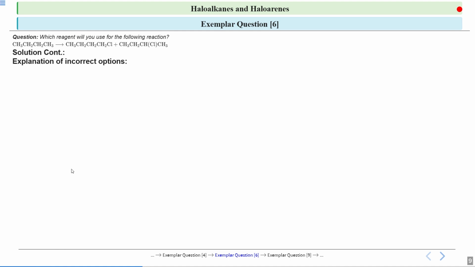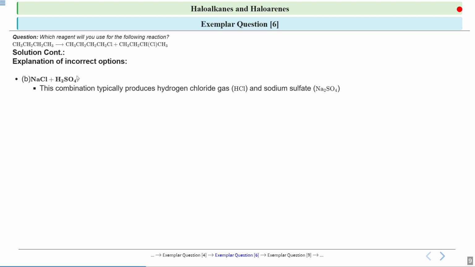So now let's see the explanation of the incorrect options, that is, why we didn't choose the other options as the correct reagent. We have only chosen the chlorine molecule in presence of UV light, not the other ones. Why? Option B was sodium chloride plus sulfuric acid. This is not the correct reagent because this combination typically produces hydrogen chloride gas and sodium sulfate.